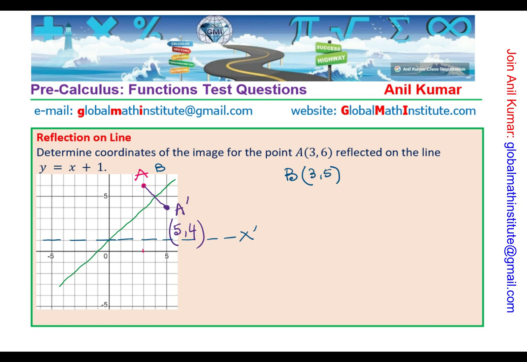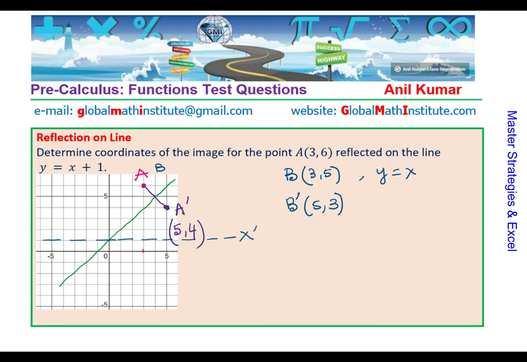And this line now acts like y equals x. If y equals x is the line, then the image is found by just swapping x and y, which we all know. So we get this image, which is (5, 3) with respect to the new coordinate plane. Do you see?